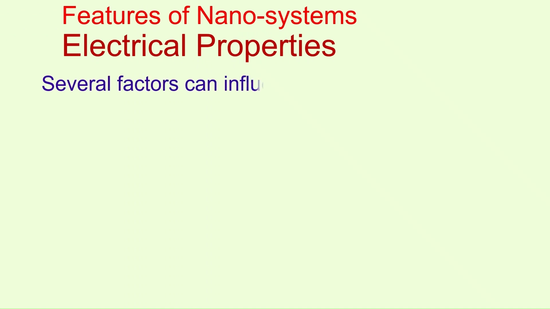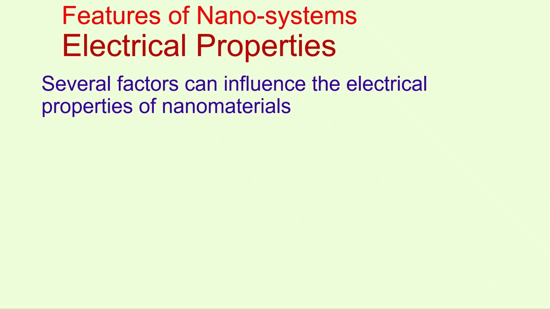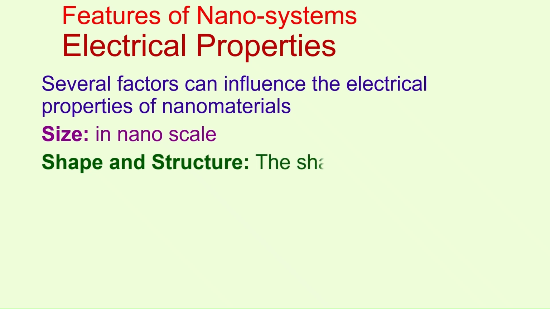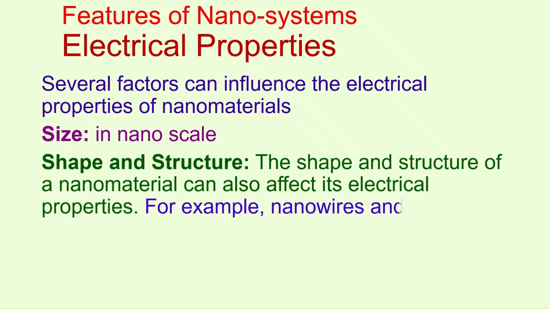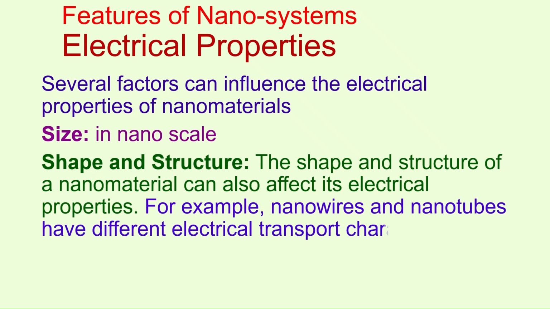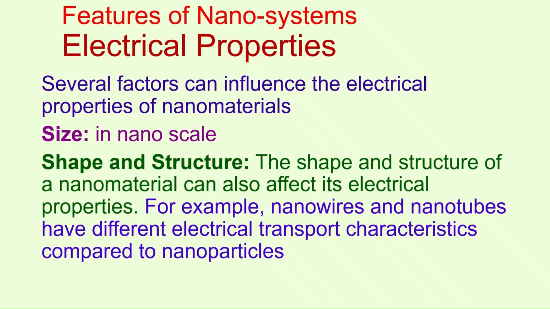Several factors can influence the electrical properties of nanomaterials. Size, in the nanoscale from 10 to 30 nanometers. Shape and structure. The shape and structure of a nanomaterial can also affect its electrical properties. For example, nanowires and nanotubes have different electrical transport characteristics compared to nanoparticles.